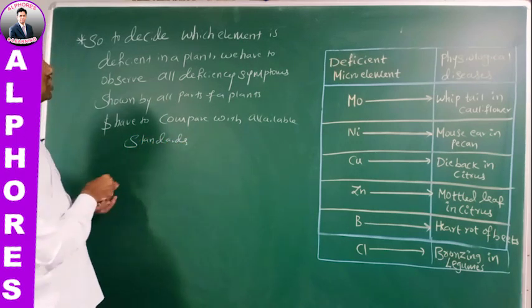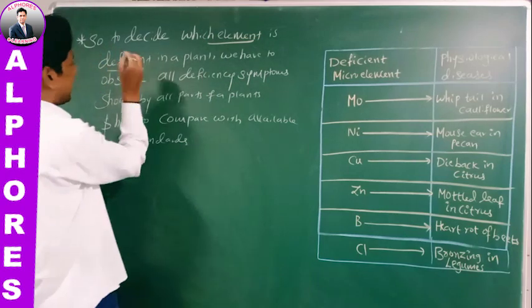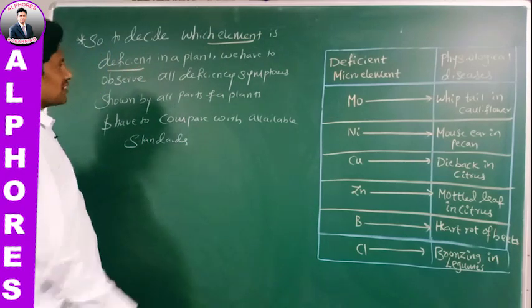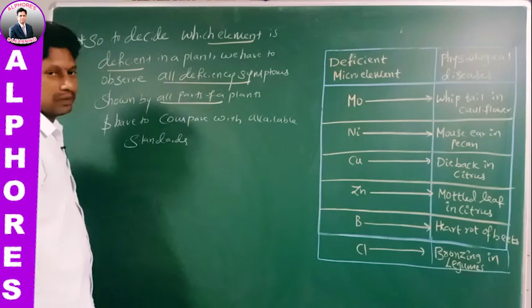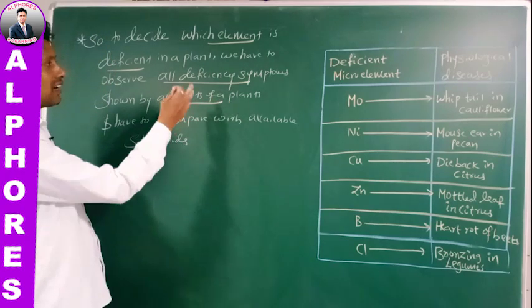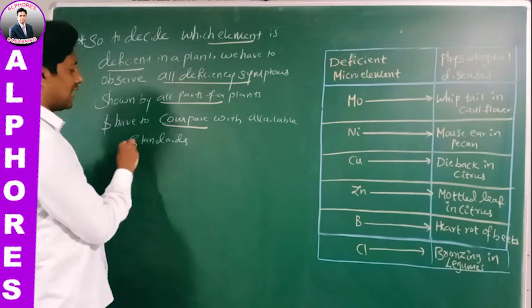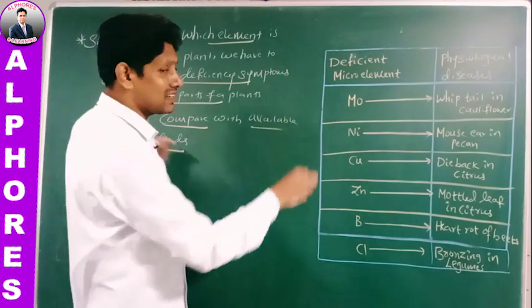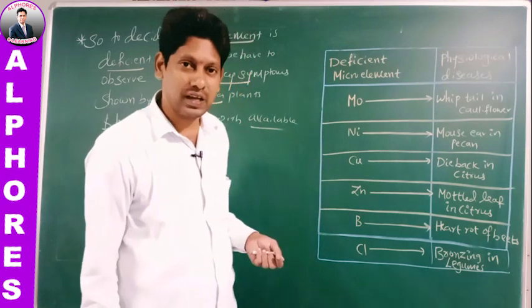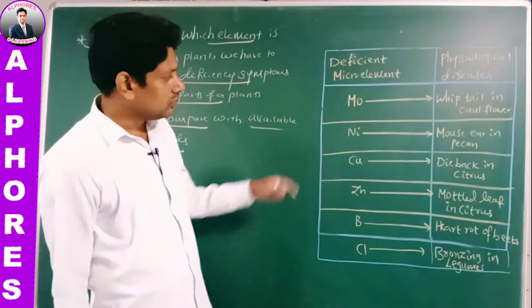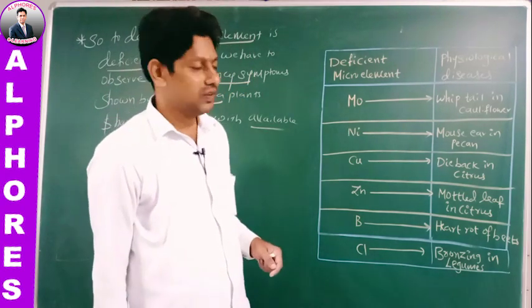To know which element is deficient, first we have to see all deficiency symptoms shown by all parts of a plant, and then compare these deficiency symptoms with the available standards. Now see this chart once.